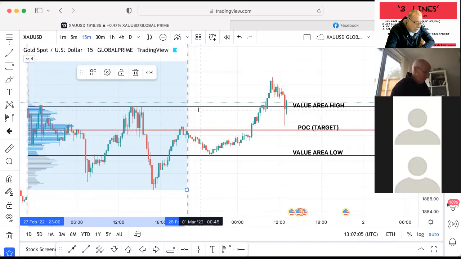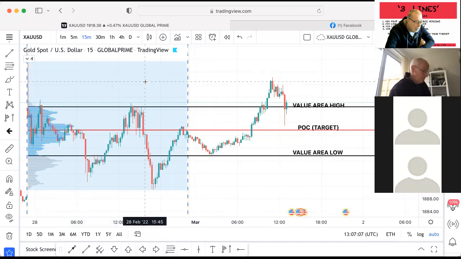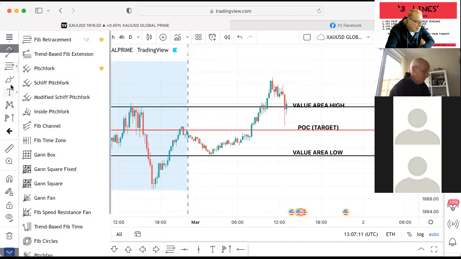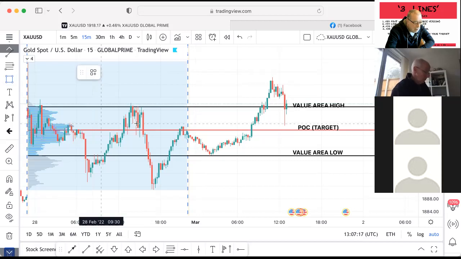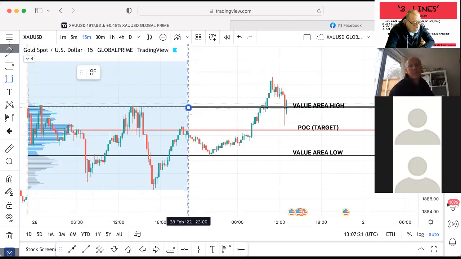If you want to make it a bit more visual, that's the wrong one, this one, what you can do is put a rectangle on that area there.